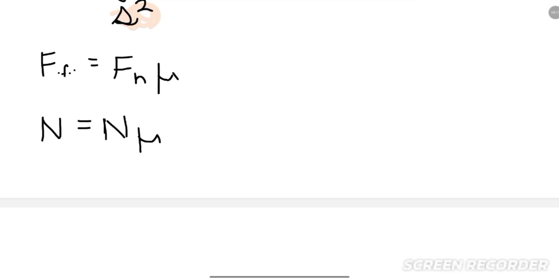So we have newtons is equal to, and what I'm doing is just putting the units for these two notations below, and obviously they're going to cancel out. So we're just left with mu, and there are no more units left. So mu has no units. So if the answer is 0.81 or something like that, you just write that. You don't have to worry about units when you're dealing with it.